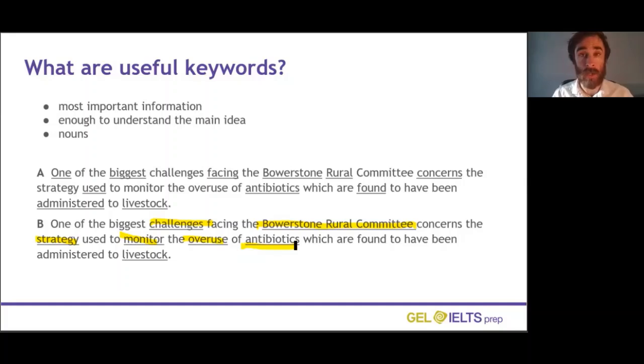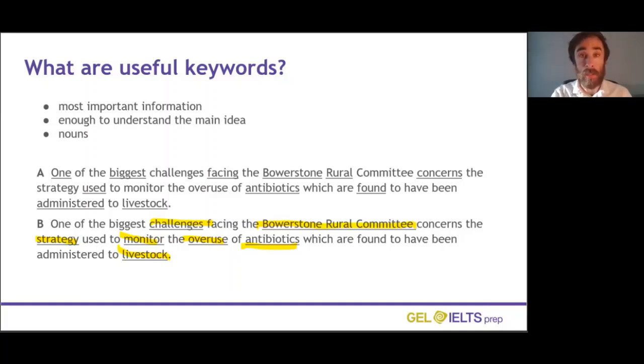So all of those words are going to be important for establishing the meaning of this sentence. And then we have which are found to have been administered, which basically means given to livestock. So these antibiotics were given to livestock. So that verb phrase is actually not giving us that much meaning there.